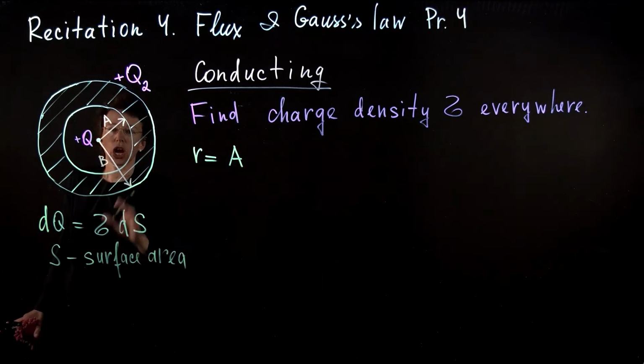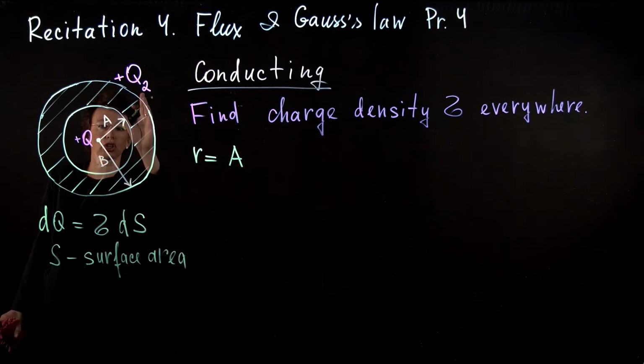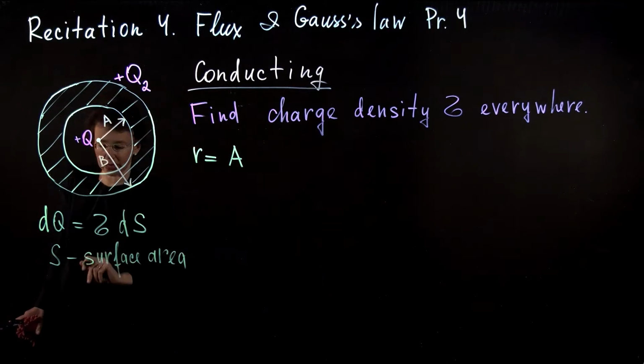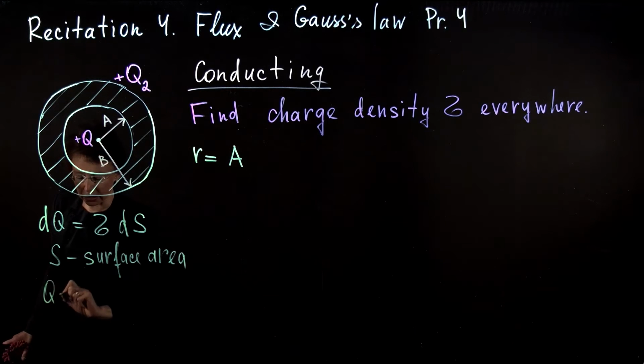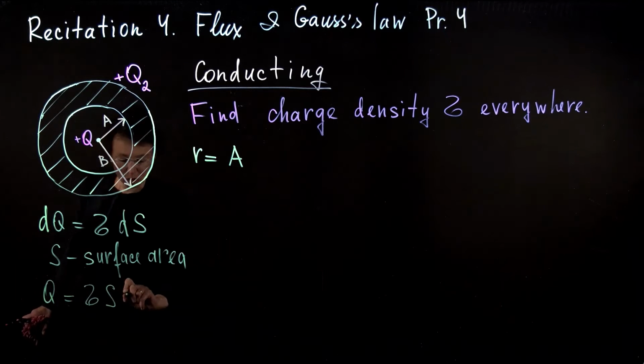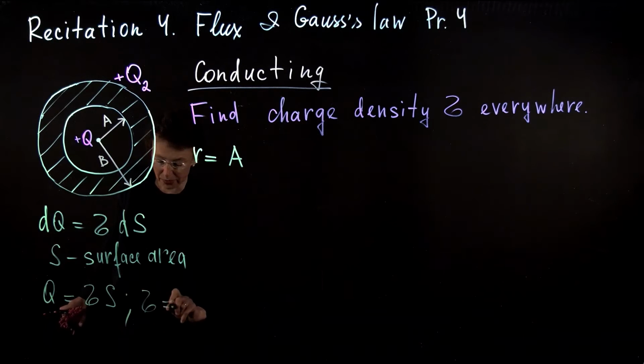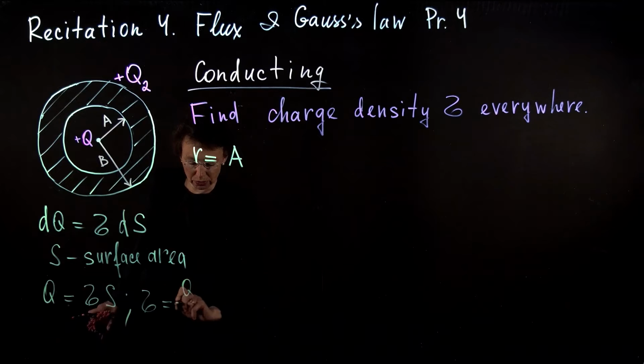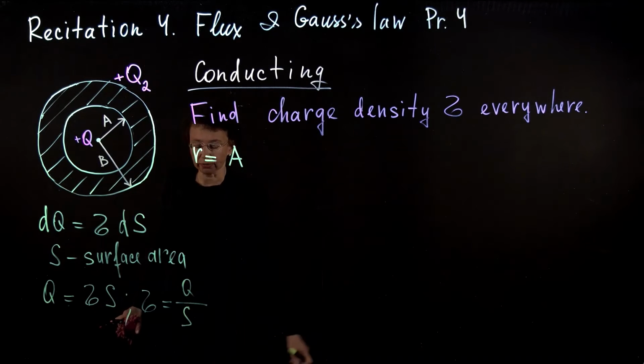If charge is uniformly spread, then sigma is constant, and Q is just sigma times area, which means that sigma is Q divided by area.